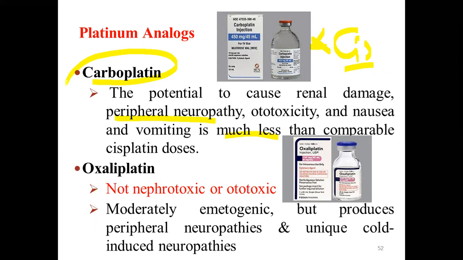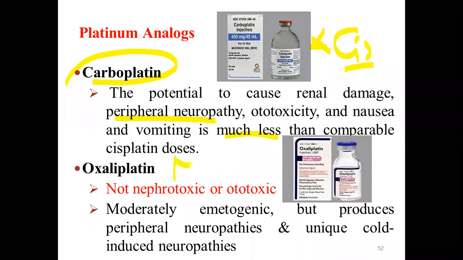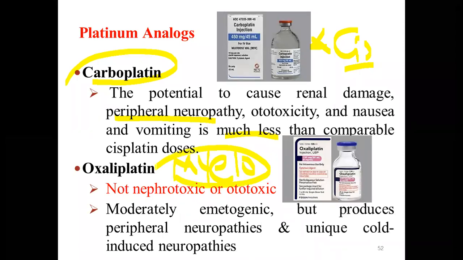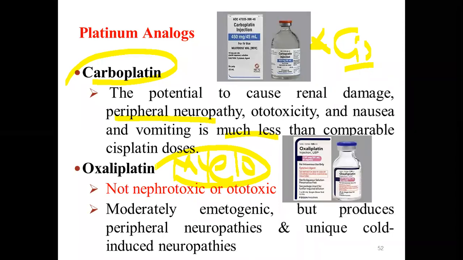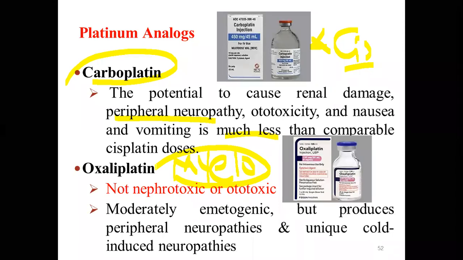But the dose-limiting toxicity of carboplatin is myelosuppression. The potential to cause bone marrow suppression is very high. Carboplatin causes myelosuppression; cisplatin is notorious for nephrotoxicity.